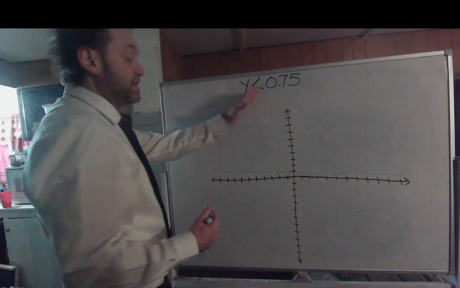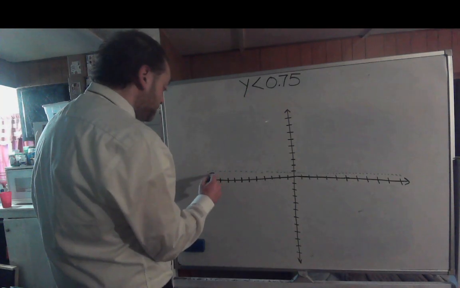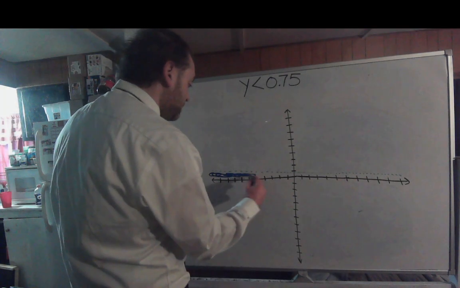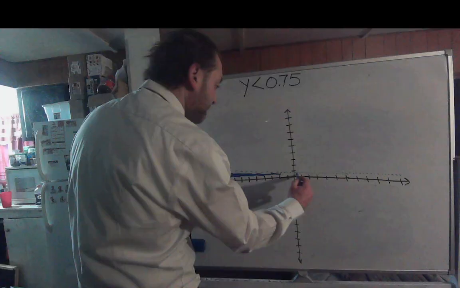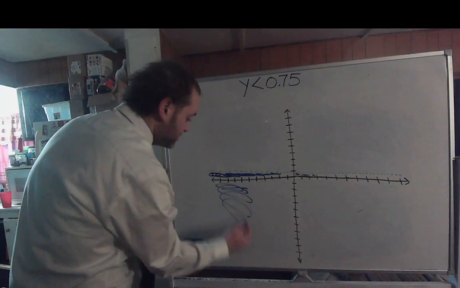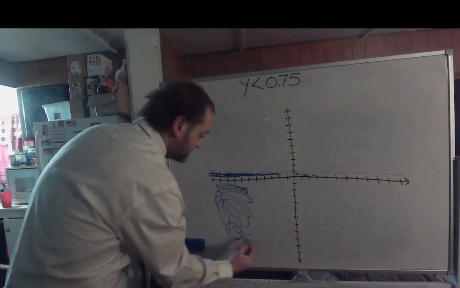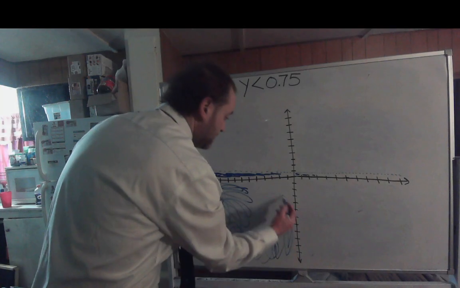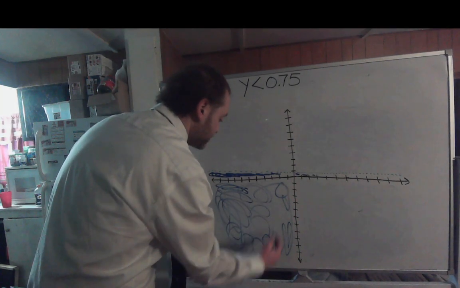And then since it's less than, just shade everything below the line. I think we get the idea that that part's going to be shaded too. I just don't want to destroy my axis if I can help it, because it's kind of a pain to have to redraw the whole thing.